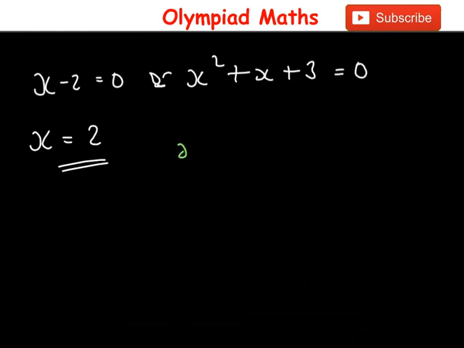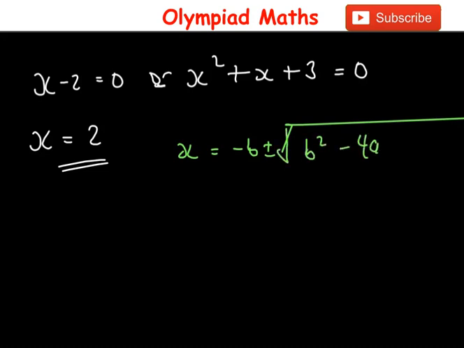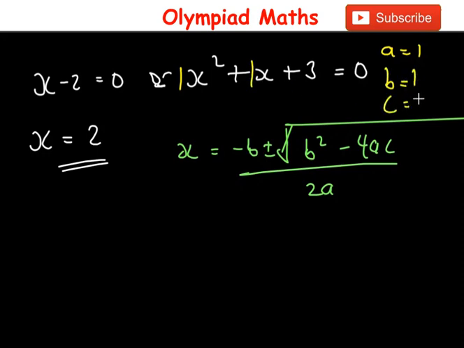The formula is given by x equals minus b plus or minus square root of b squared minus 4ac all over 2a. And in this case, the value of a is the coefficient of x squared, which is 1. The value of b is the coefficient of x, which is simply plus 1, while the constant c is 3.